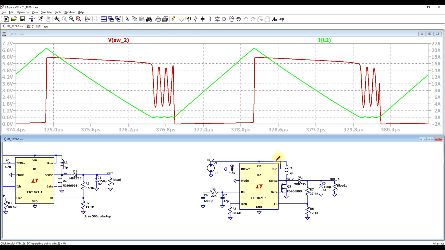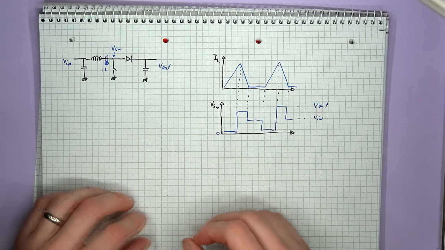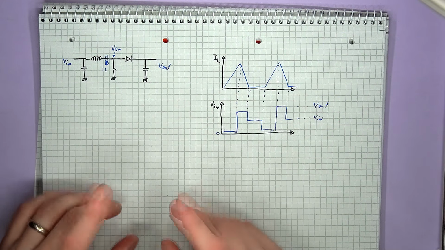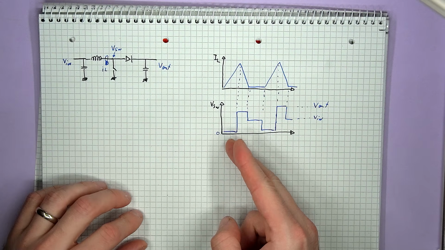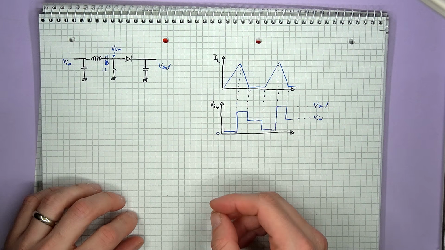Point is that when you're concerned with electromagnetic interference, having a nice oscillation appearing in your circuit is not something that you want. So why is it here? Well, in a theoretical analysis with ideal diodes, the switching node transitions between 0 when the switch is on and the output voltage when the switch is open.